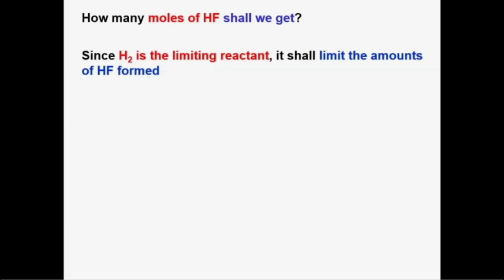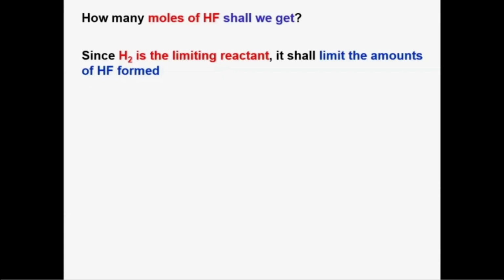Remember the Oreo cookies. Even though we have 8 pieces of Oreo cookies, we should get 4 sandwich cookies.